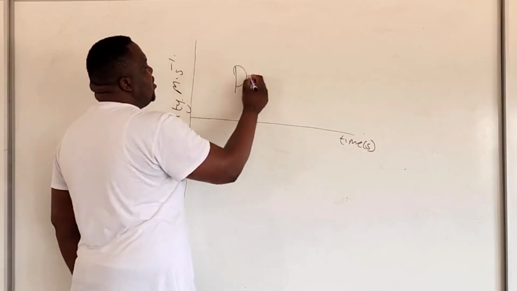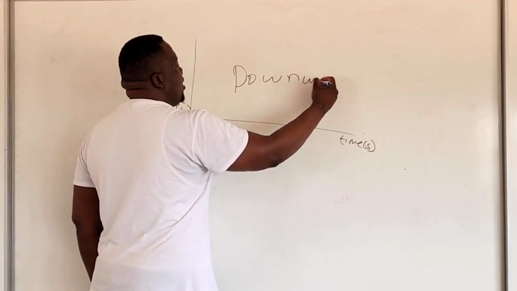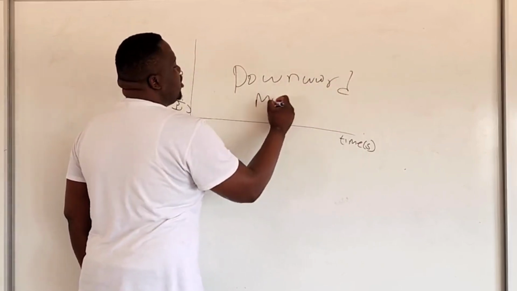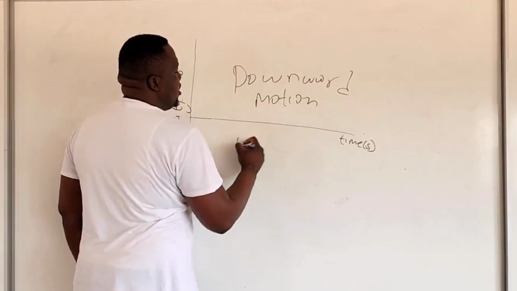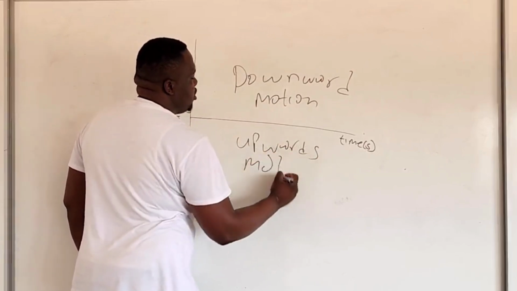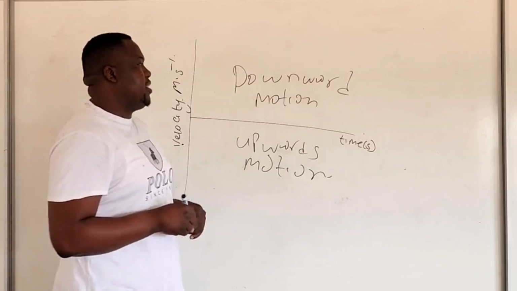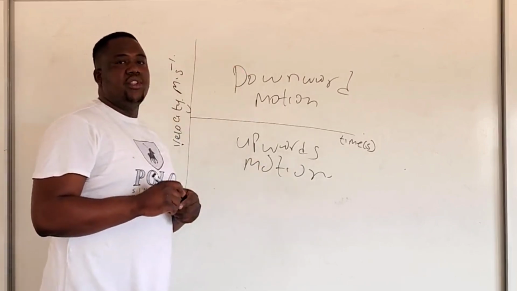So I can say this is downward motion, and this is upward motion, or vice versa. This can be upward or downward motion.